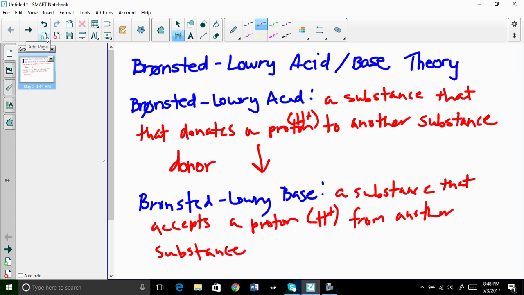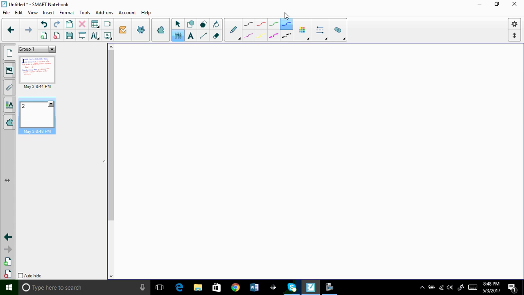I'm going to open up a new slide and then go back to blue. And then this is a third key term of the day, a Bronsted-Lowry acid-base reaction. Oh, by the way, they both did work on this independently. They were both working at the same time, and they both published at relatively the same time. And so these two shared the Nobel Prize for this theory.